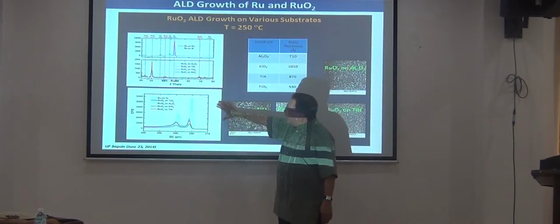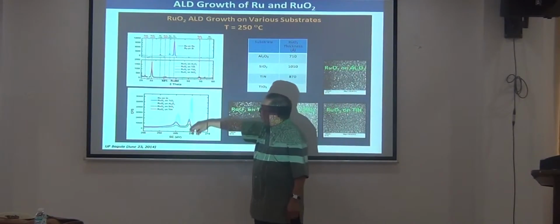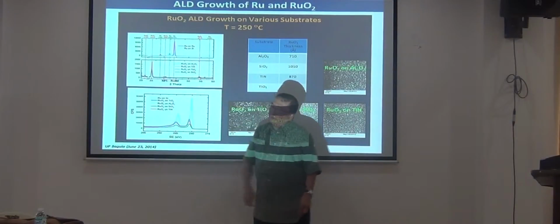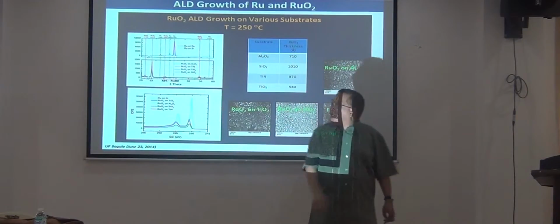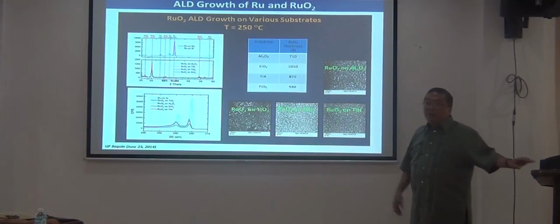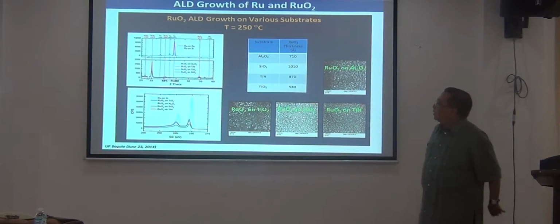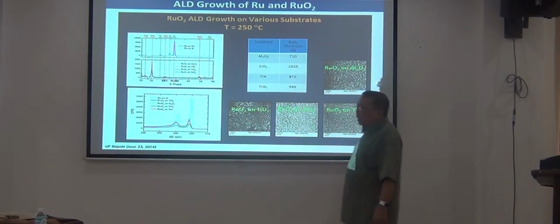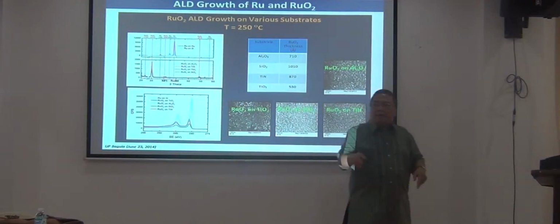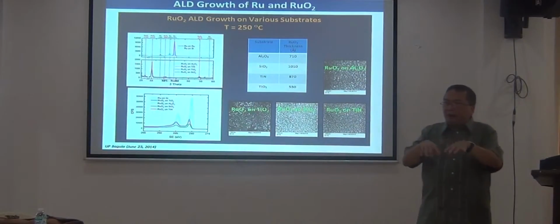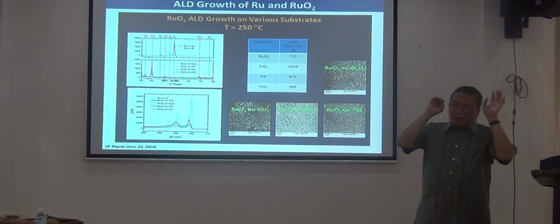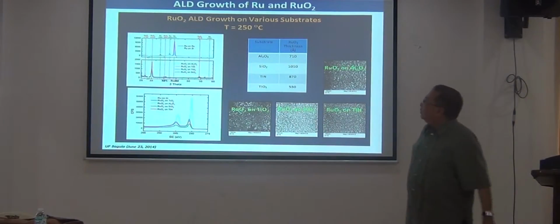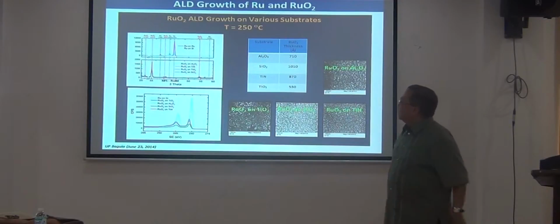Whereas if you have other surfaces like TiO2, titanium nitride, SiO2, aluminum oxide, you get ruthenium oxide. And this is going to be very useful. Again, you can now imagine utilizing this to make a photonic structure, where you have alternating ruthenium and ruthenium oxides as the material.